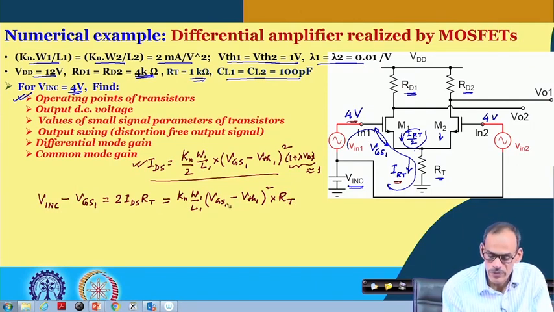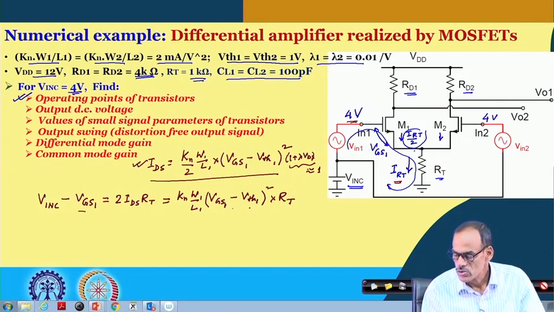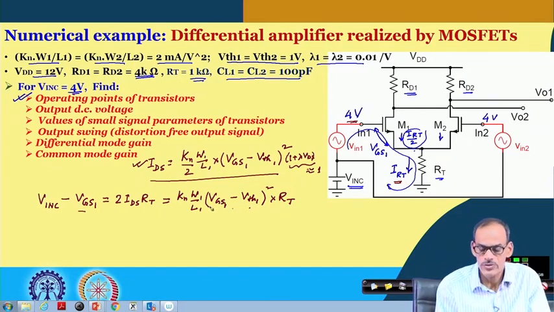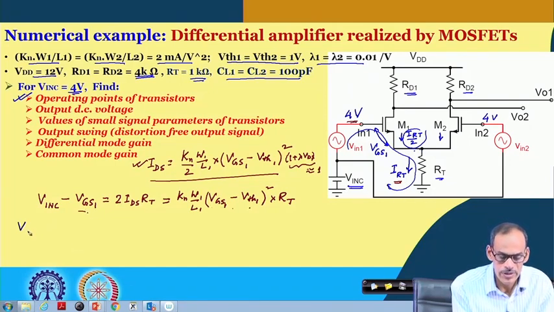Now, we do have VGS 1 here, and of course we do have VGS 1 minus VTH square. So, we can probably directly try to solve and see what VGS 1 is, or maybe a better way is to convert this VGS 1 into the form of VGS minus VTH.